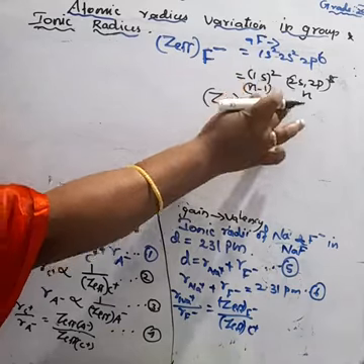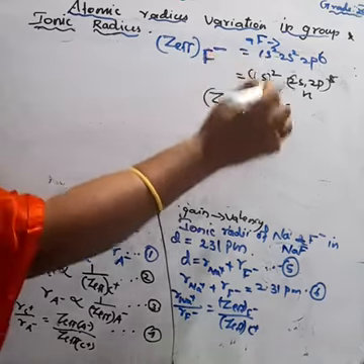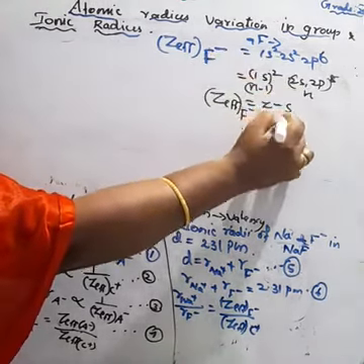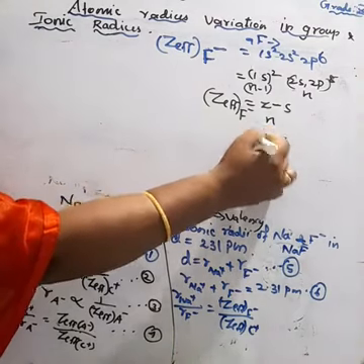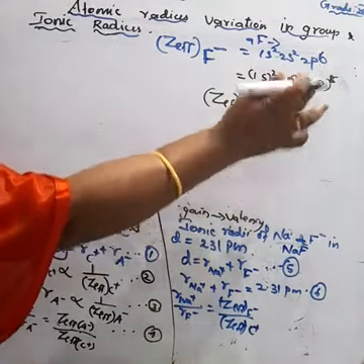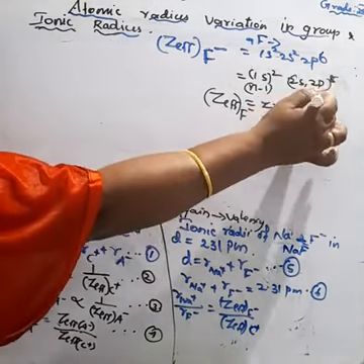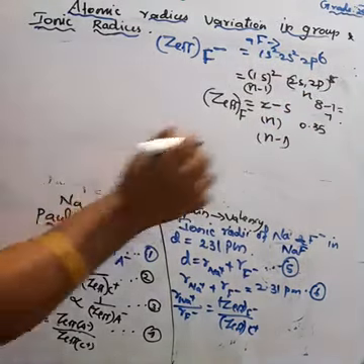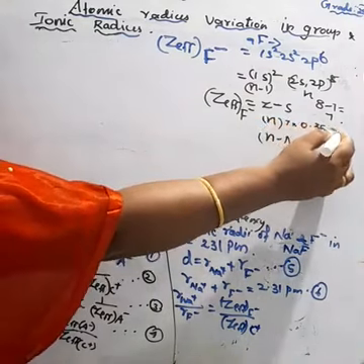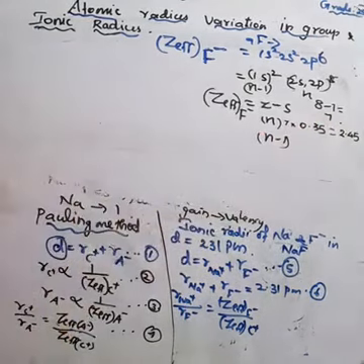For calculating the S value, according to Slater's rule, for the last orbit, which electron we are going to calculate, we take as n, and the shell before it as n minus 1. The value for s and p electrons in the same shell is 0.35. How many electrons are we having here? 8 electrons, so we take 1 electron minus: 8 minus 1 is equal to 7. So 7 into 0.35 gives 2.45.